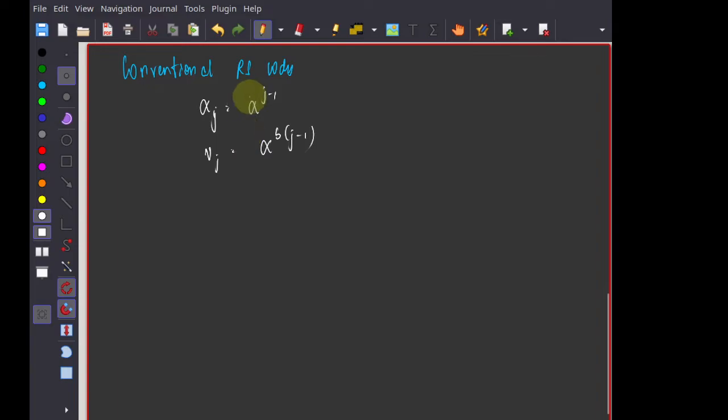You need to make sure that all the alpha j's are distinct. So you need to make sure that alpha power 0, alpha power 1, alpha squared up to alpha power n minus 1, all of these are distinct. So if you look at the cyclic group which is generated by alpha, this has to have size at least n.